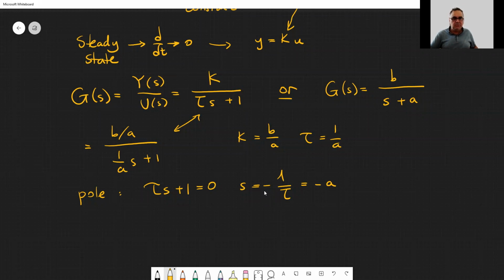So the system has a pole which can be represented in the complex plane here, at minus 1 over tau, which is equal to minus a. This is the imaginary axis, this is the real axis.